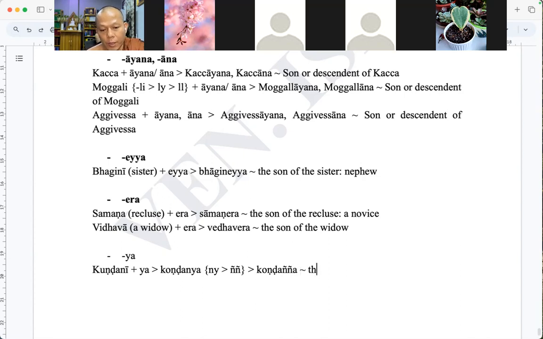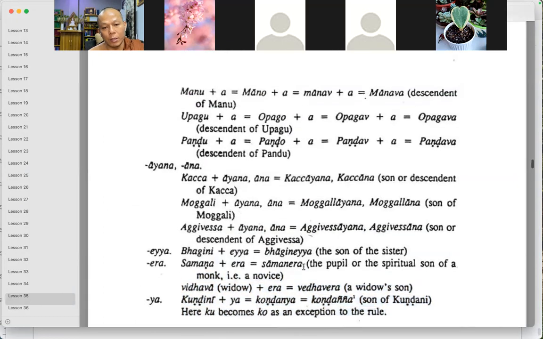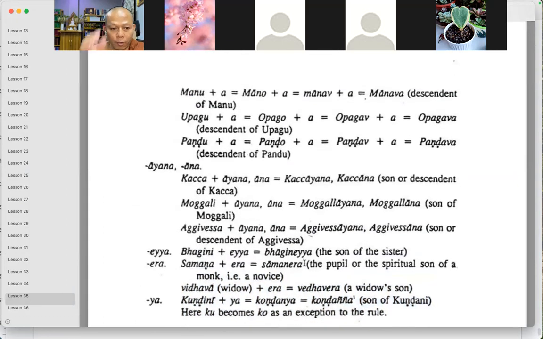So, kondenya means, so the son of, so golden knee in this way. So golden knee. And also here, just good becomes go. So as the exception of the rule, even though before the double consonant, was changed to the or exceptionally. So in this way, now these are some example for that.